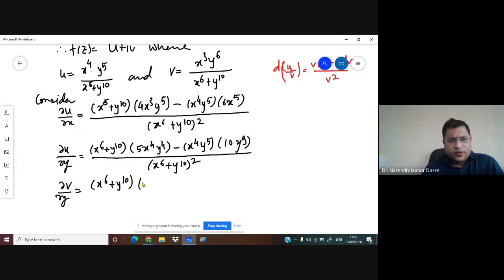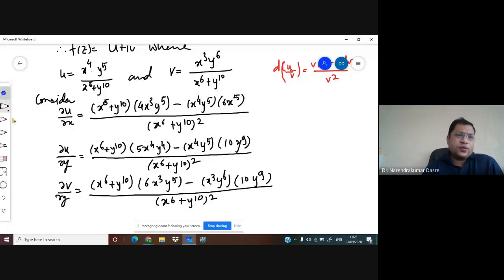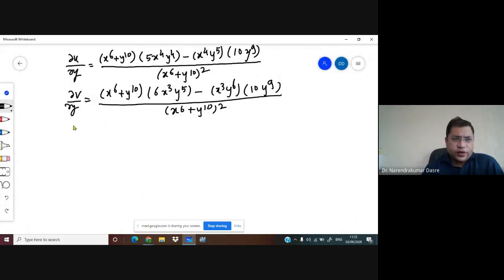So I'll be having here this 6 x cube y raised to 5 minus x cube y raised to 6, and here we'll be having 10 y raised to 9 upon x raised to 6 plus y raised to 10 bracket square. Okay.